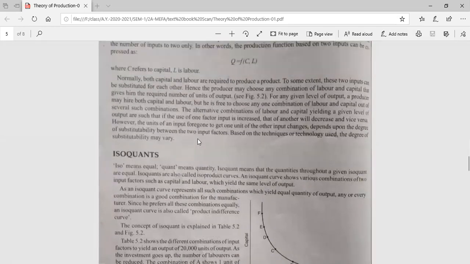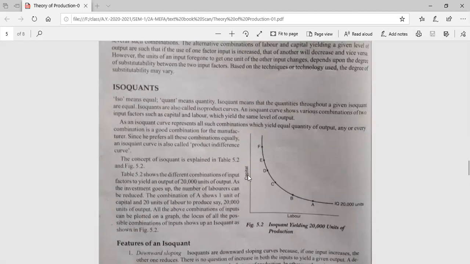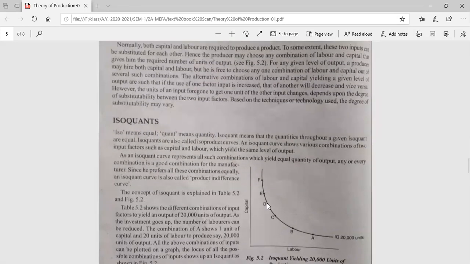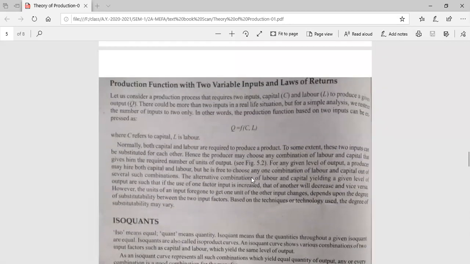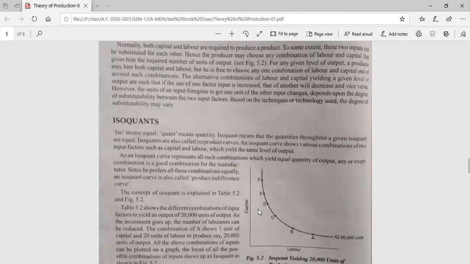If you observe this graph, we are taking capital on the y-axis and labor on the x-axis. This concept, varying two variables and observing the law of returns, is very helpful for identifying different combinations of capital and labor to produce some predefined output.